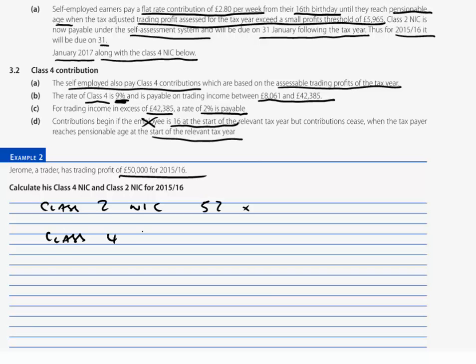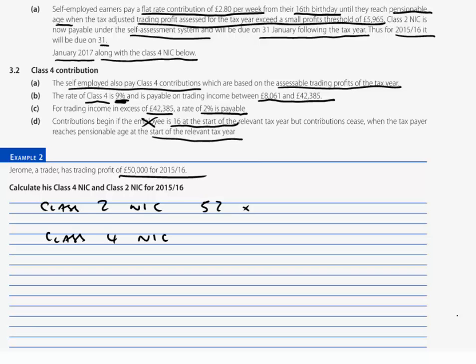When it comes to Class 4 NICs, I'd like you to do the calculations as we did before. 42,385 minus 8,060, the difference between your upper and lower limit, would be payable at 9%, and above the 42,385 up to the level of trading income, here £50,000, would be payable at 2%. So calculate that for me please, and just pause at this point, and then we'll make sure that you have got those calculations correct, and we will then move on.